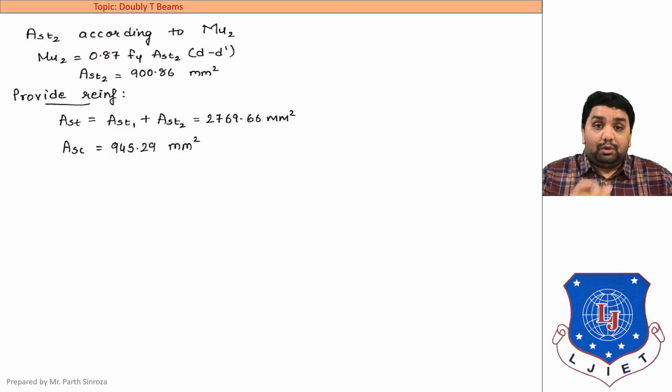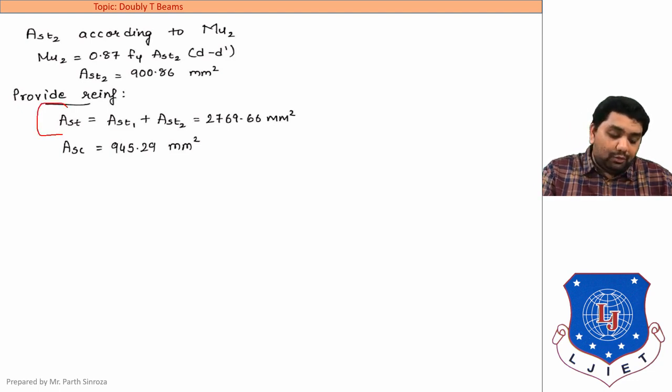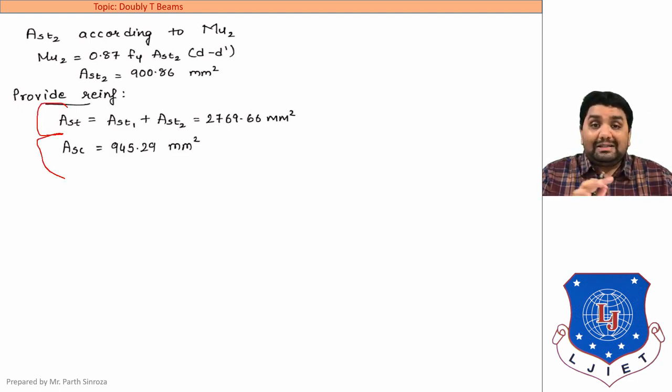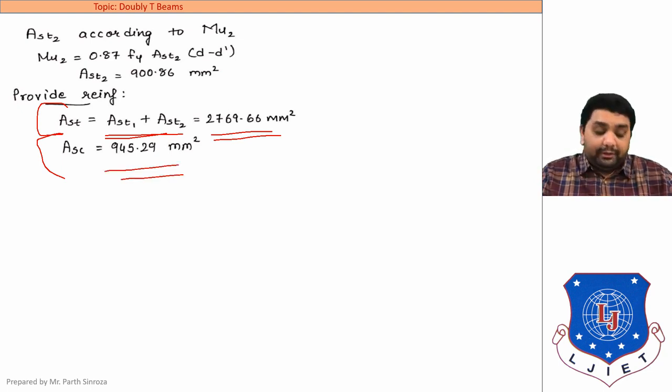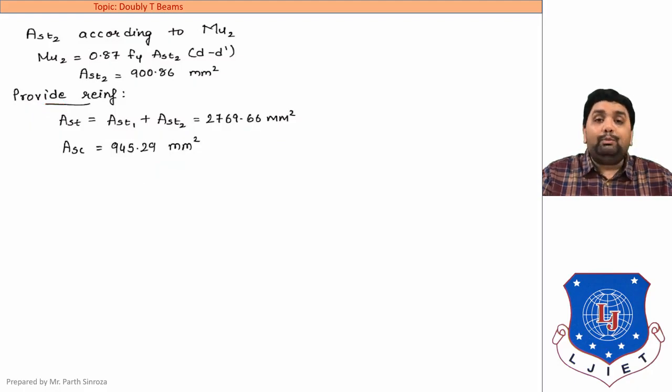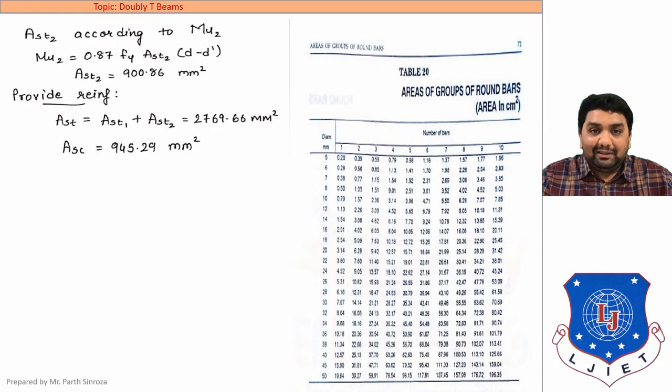So combining both the values, to find our actual AST and ASC, AST will be the addition of both, that is AST1 plus AST2, that comes out to be 2769.66 mm square. And ASC we have already calculated to be 945.29. So now the last step will be to provide the number of bars, and for that we will be referring to our steel table.